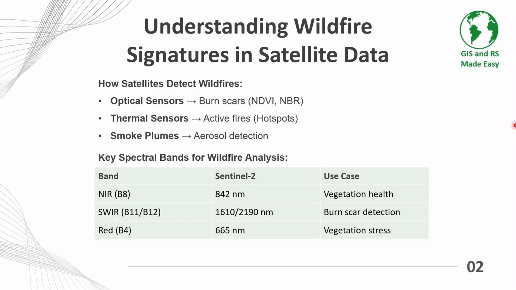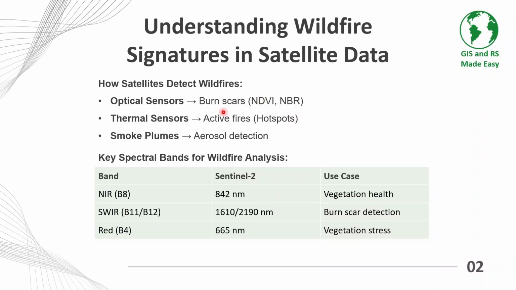Let's try to understand how satellites detect wildfire. It could be detected by three sensors. One is optical sensors. With optical sensors, we could determine burn scars with the normalized difference vegetation index or normalized burn ratio. This type of index can help us to determine the burn scars.